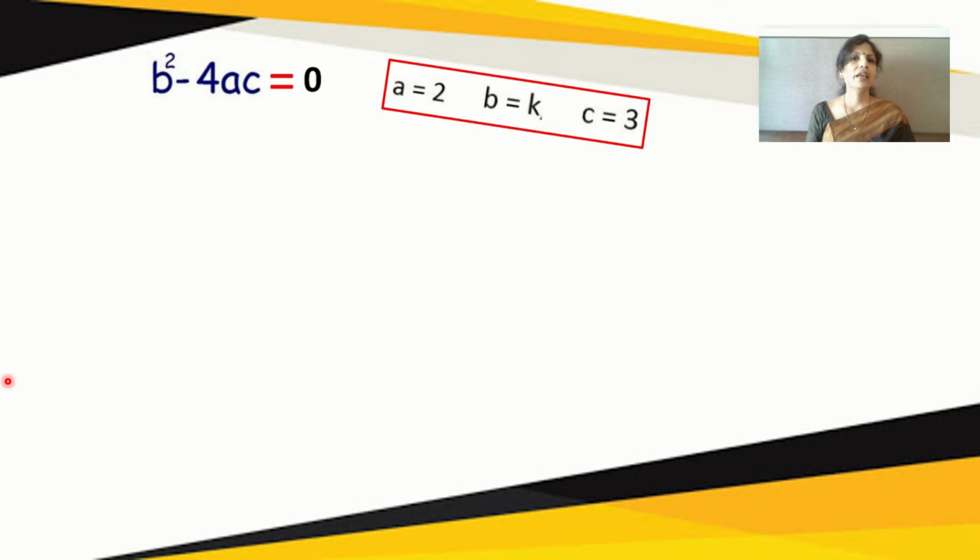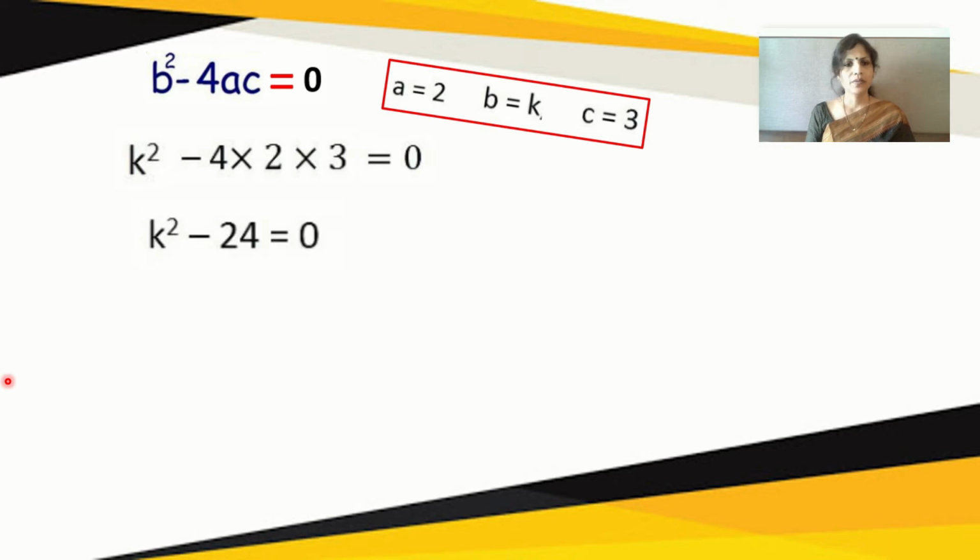So we get k square minus 4 into 2 into 3 is equal to 0. So that will give us k square minus 24 is equal to 0. So k square is equal to 24, and therefore k is equal to plus minus square root 24. You can still simplify this.